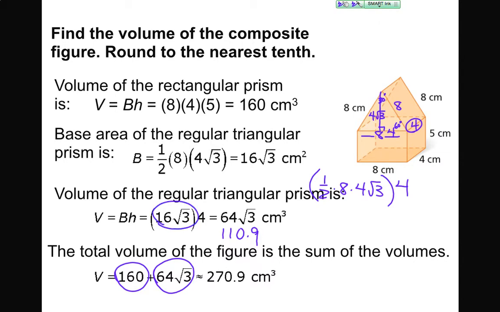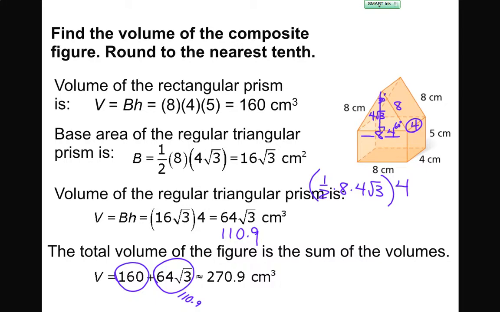So where did the 64 come from? The 16 times the 4. And you're multiplying in square roots. If you don't like to do it in square roots, just grab your calculator. Does that come out 110.9? Okay. So this is 110.9. This is 160. So when you add together, 270.9. That makes sense that way?